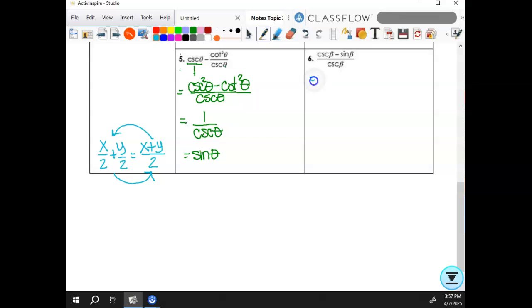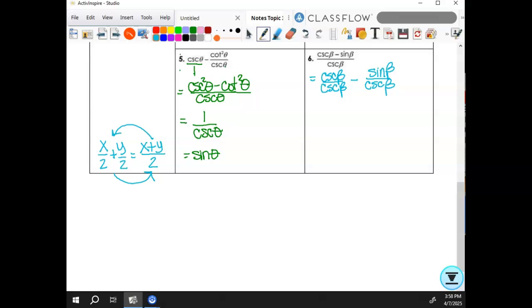I'm going to break this apart into 2 fractions that both have a denominator of cosecant beta. So this first one here is going to give me cosecant beta over cosecant beta, and then minus, and this will be sine beta over cosecant beta.